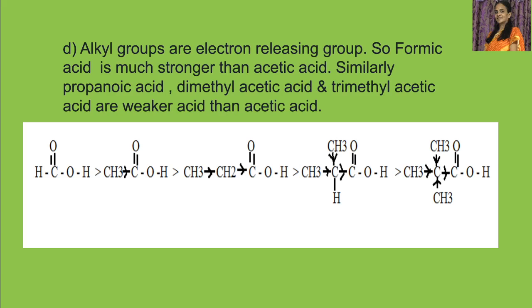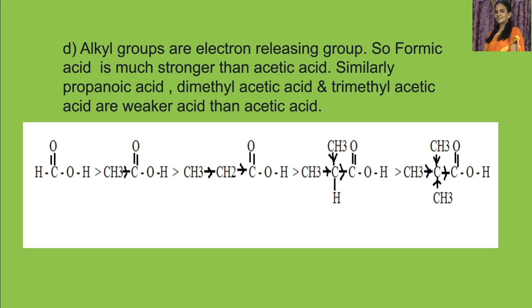Now, let's consider this. Here, this is the methyl group. Here, an ethyl group is there. The plus I effect of the ethyl group is more when compared to the methyl group. Because of that reason, this OH bond becomes still stronger. Therefore, its acidity decreases. And if we consider this one, two methyl groups are there, the plus I effect is more, thus the acidic nature is less.